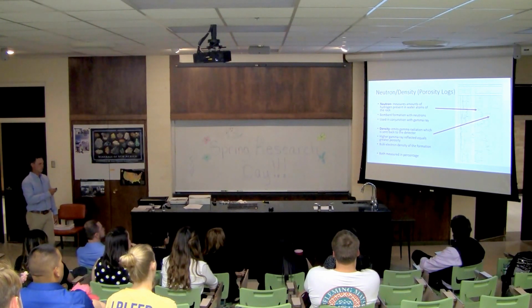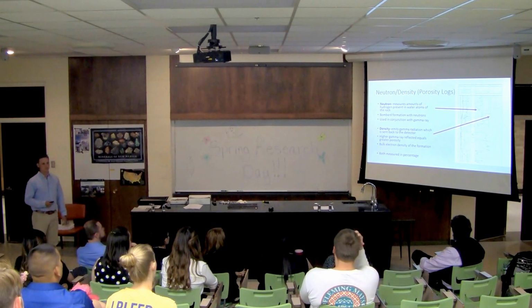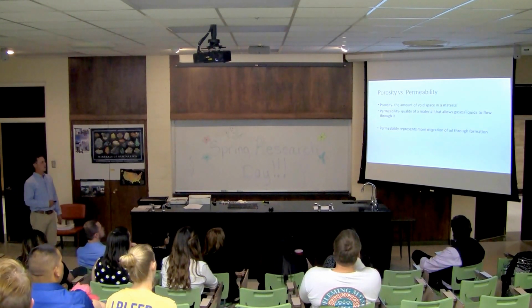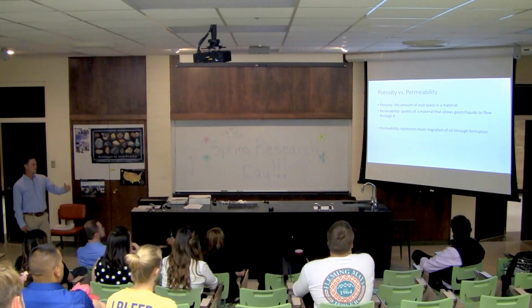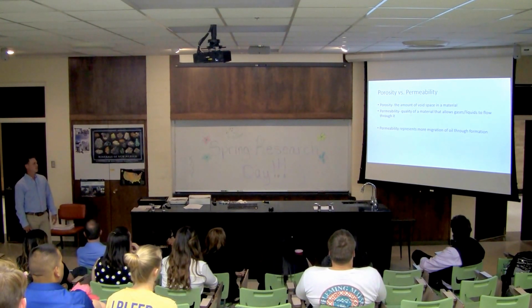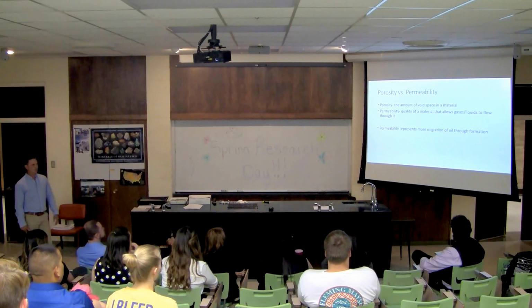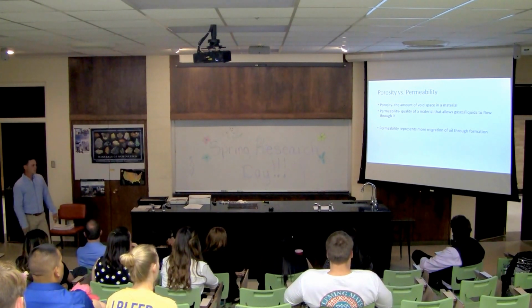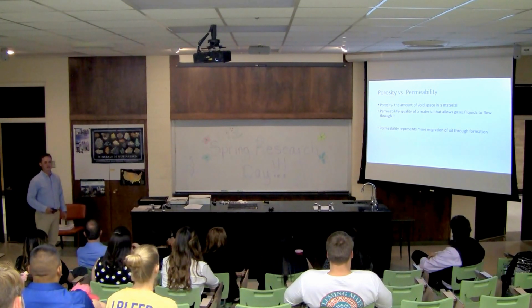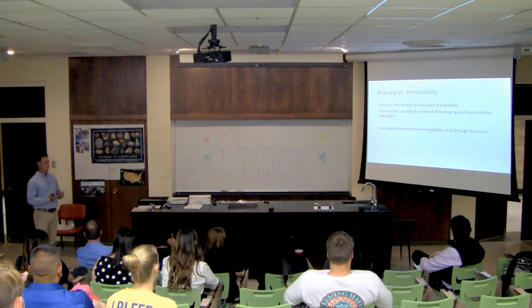We get both those measurements calculated in percentages. That tells us our porosity percentage. The difference between porosity and permeability: porosity is just the void space in the material, and permeability is the quality of the material that allows gases and liquids to flow through it. So basically, permeability represents more the migration of oil fluids.